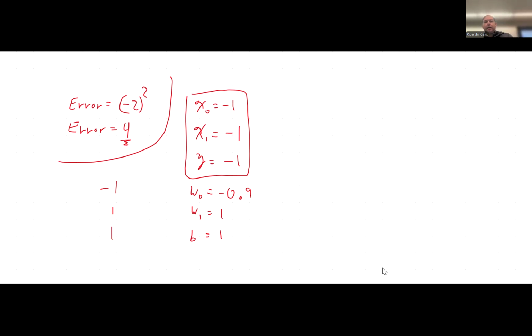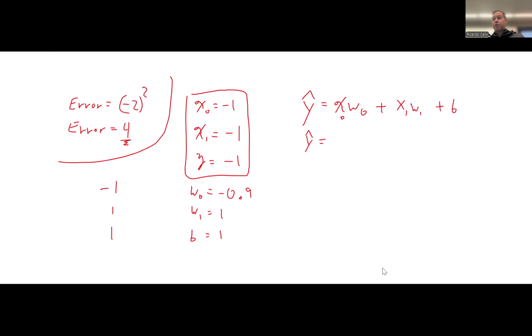So I have y hat, x0 w0 plus x1 w1 plus b. Do you guys see that? So then I do y hat. So x0 is -1.